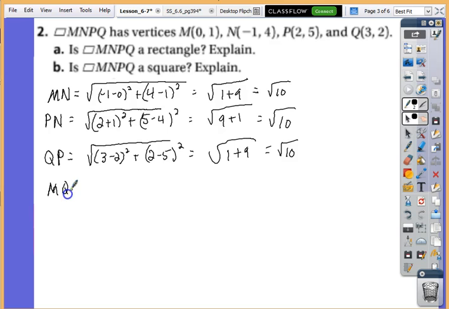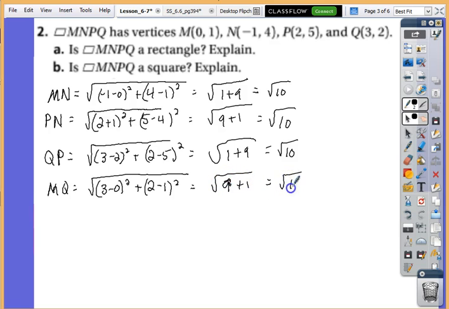And then MQ is the last length I have to find. So MQ is (3 minus 0) squared plus (2 minus 1) squared. So that's equal to the square root of 9 plus 1. It's equal to the square root of 10.